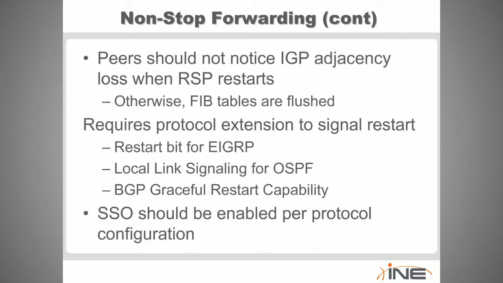That when the supervisor goes down, the main forwarding engine goes down, you tell your adjacent neighbors that I'm switching over to the new route processor, so you're going to need to send me the routes again. You're going to need to re-cache me the information. But it does not declare the EIGRP adjacency down, the OSPF adjacency down, or the BGP peering.